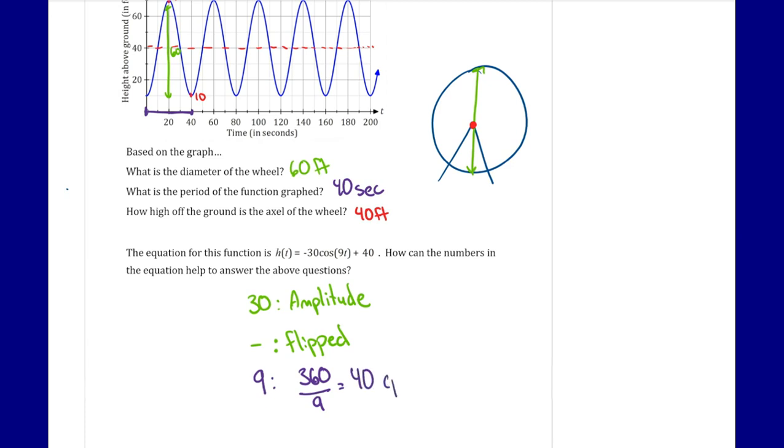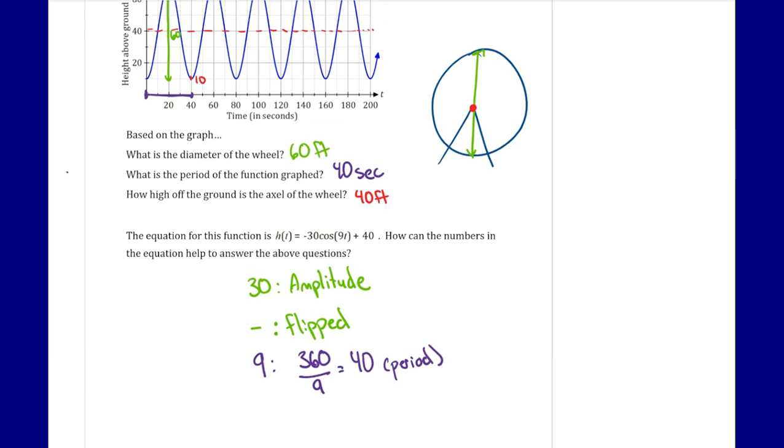So this tells me how long the period is, or how many cycles there are per 360 degrees. If I continue this cycle, I should already have 1, 2, 3, 4, 5 cycles. I should have 4 more by the time I reach 360 degrees. So this 9 can help us figure out the period and tell us how many cycles there are. In terms of answering the question, it would help us with the period part.